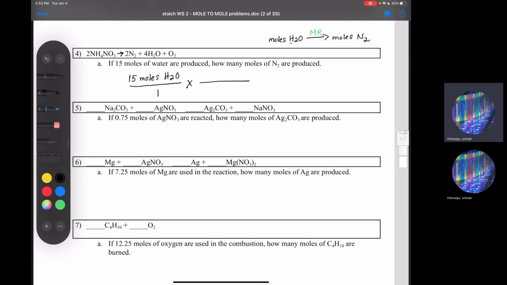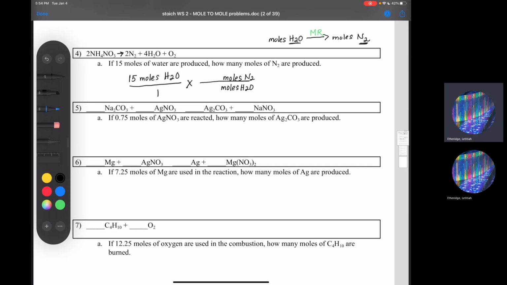Okay? We are starting with moles of water. We are trying to get to nitrogen. Moles of water in the denominator, and we are going to moles of nitrogen up top. Okay, so I'm hoping you guys are seeing how important your units are for these problems, because if you don't have your units right, you may not multiply or divide properly.